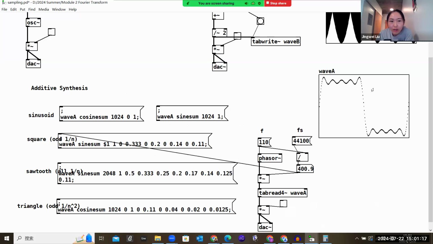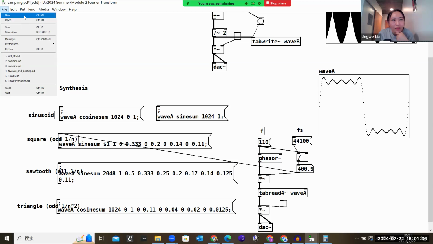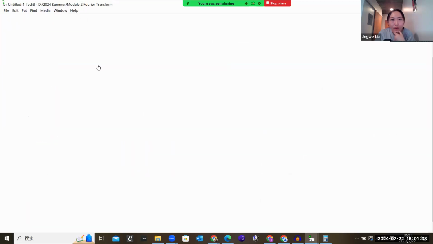So what we can do here is that actually in pure data, there is some function which exactly helps you to do such computation. So what is this? Maybe, let me see. If you let me do this live coding again, because I think this will help you to understand this better.